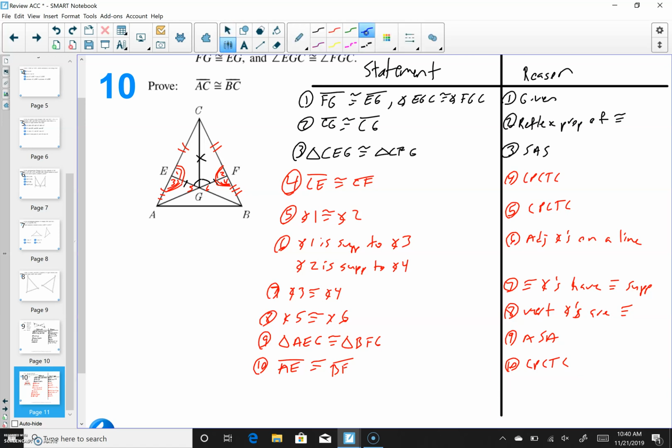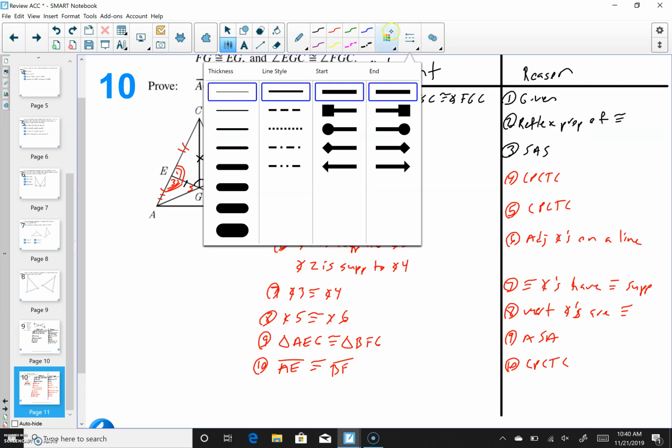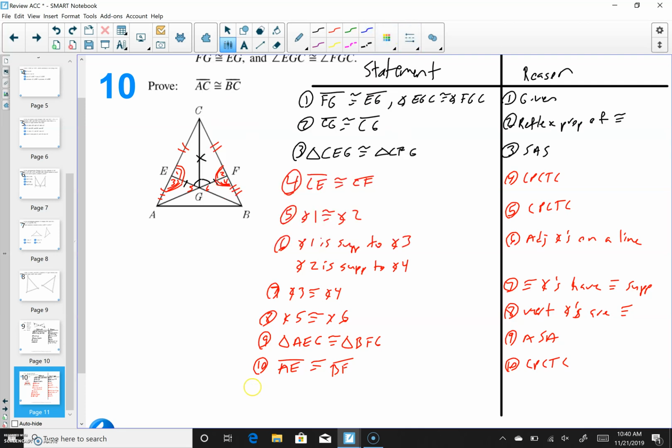So for our last 2 steps, we are going to be step 11. AE plus EC. So we're going to take the 2 parts on the left that are going to make the whole thing, and we're going to set it congruent to BF plus FC.